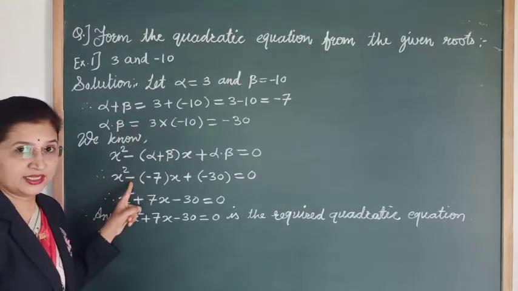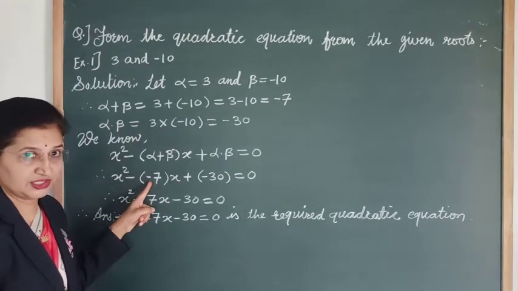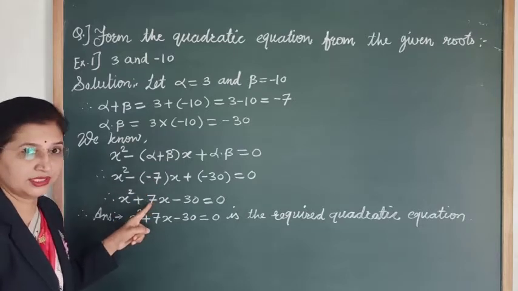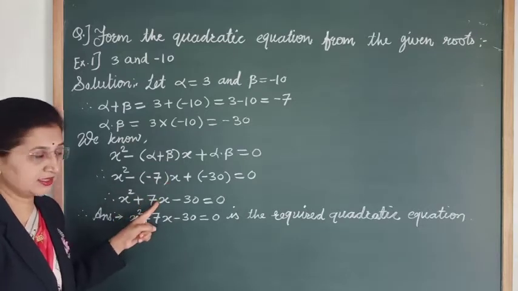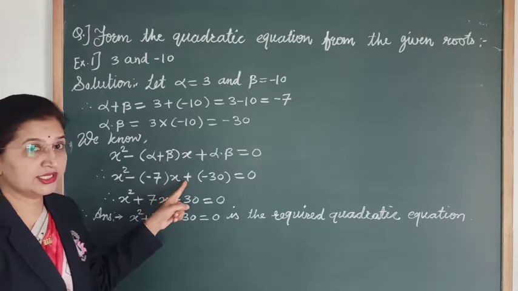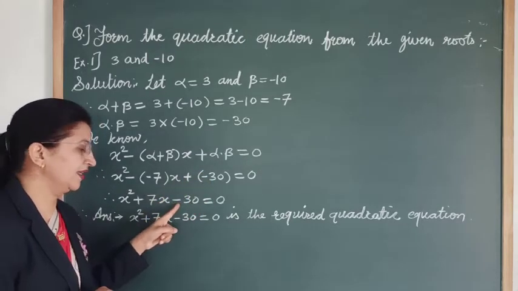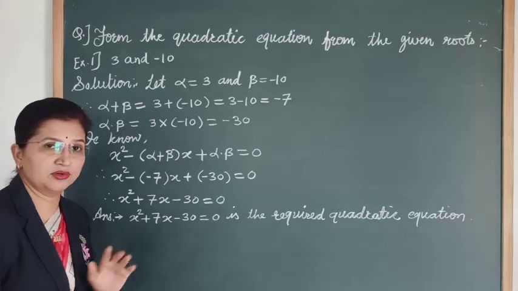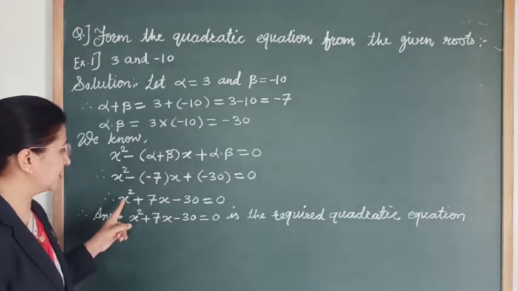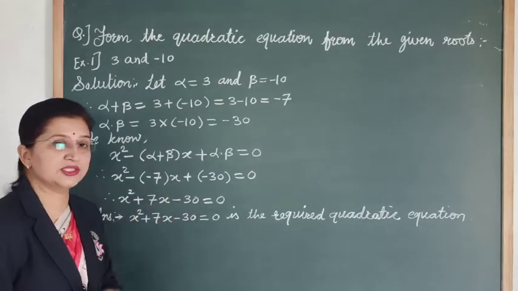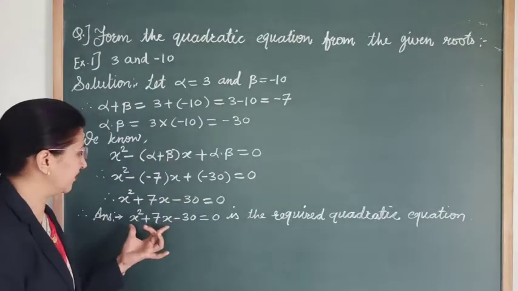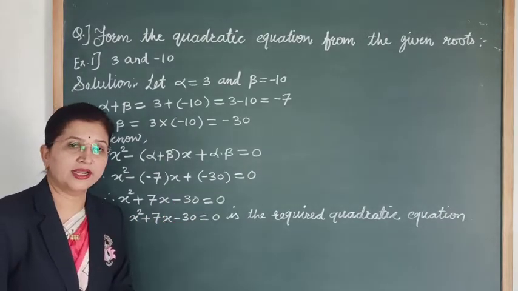Out of bracket negative sign is there, so bracket sign will change. So this negative 7 will become positive 7 into x. Now here out of bracket positive sign is there, so bracket sign will not change. Here it is negative, it will remain negative only. That is negative 30 is equal to 0. So we got the equation, that is x square plus 7x minus 30 is equal to 0. So in this way, this is the required quadratic equation.